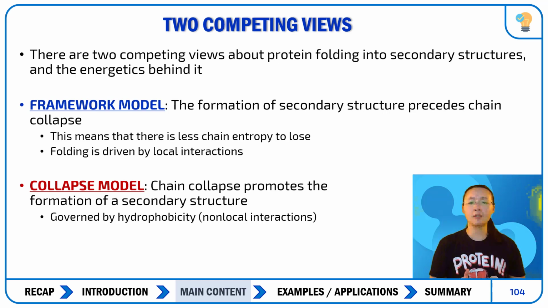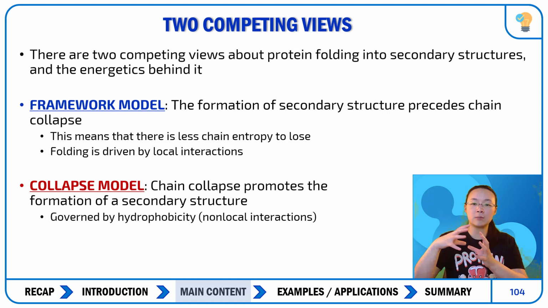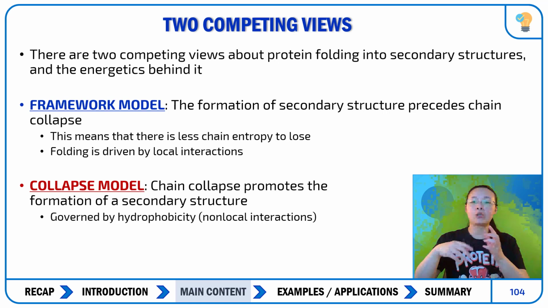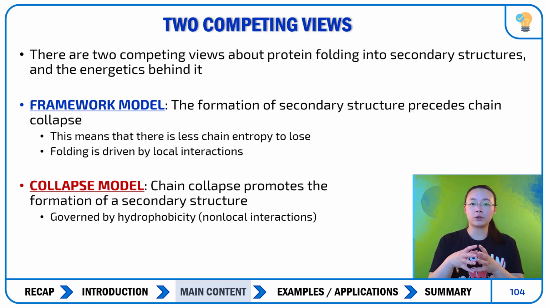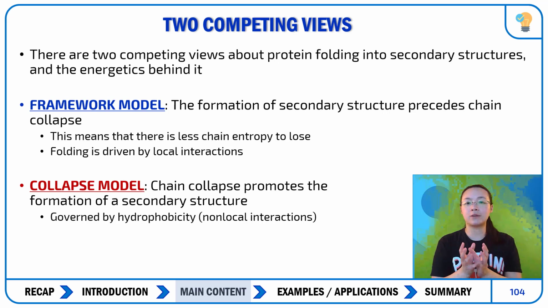There's the collapse model, where the chain collapses and then promotes the formation of a secondary structure. Chain collapse occurring first means that there are hydrophobic or non-local interactions forcing the chain to come closer together and then encouraging local interactions to occur before it folds into its final structure.